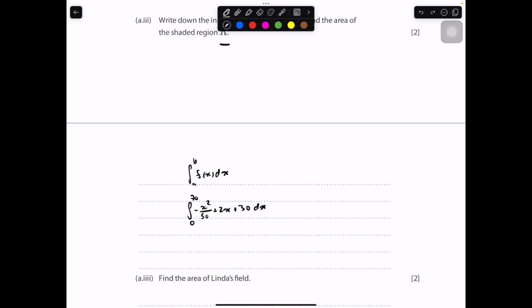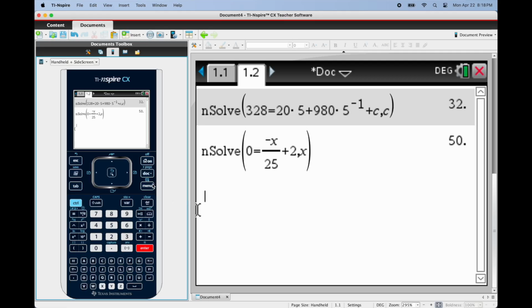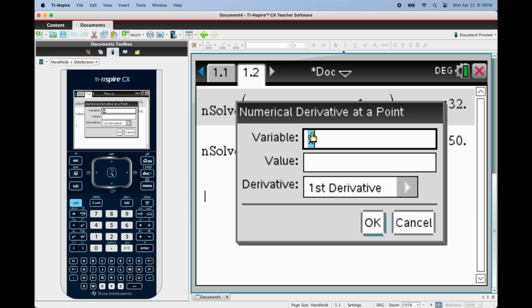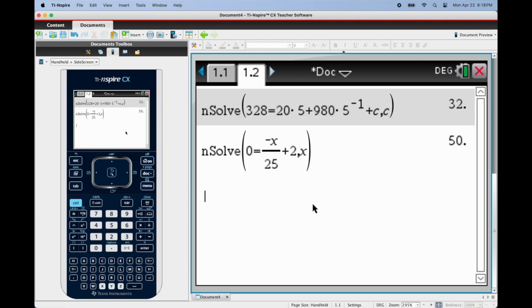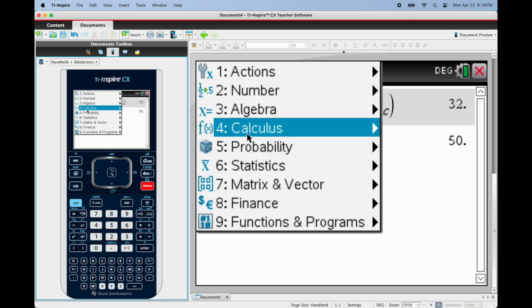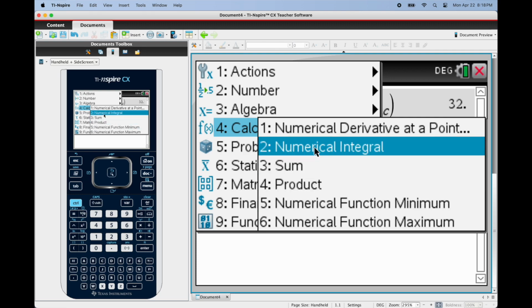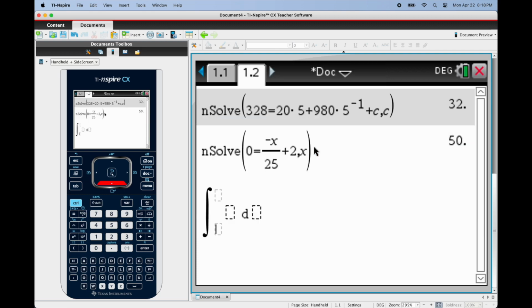But let's go to the calculator, look that up. Calculus, numerical integral. Okay, there we are. Starting point, ending point.